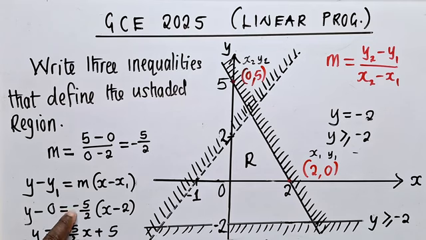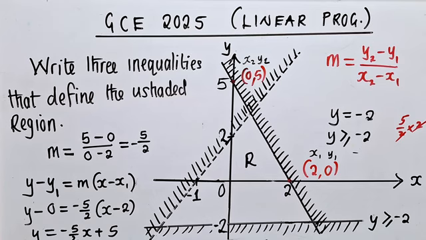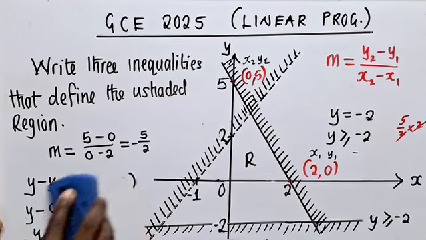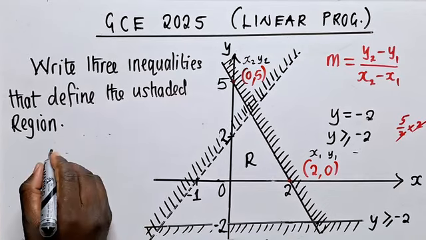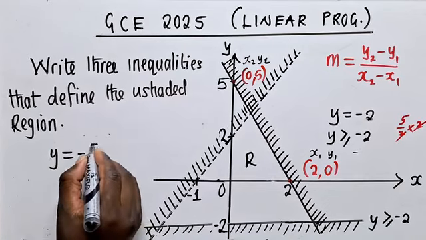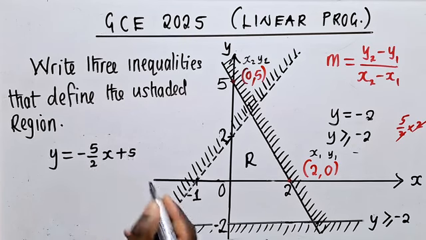Look at this, negative and negative will give us a positive. When you multiply 5 over 2 times 2, this and this will cancel out, and we'll remain with 5. So we've gotten the equation of a straight line. Let me write it here: y is equal to -5 over 2x plus 5.